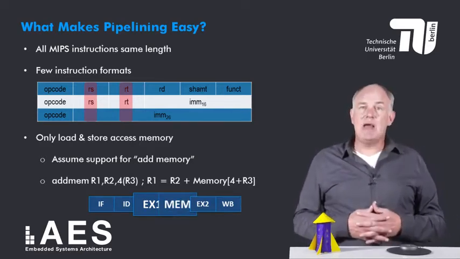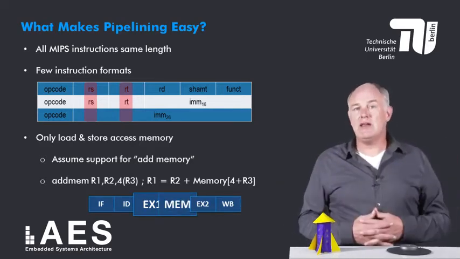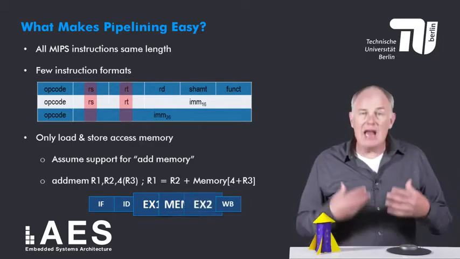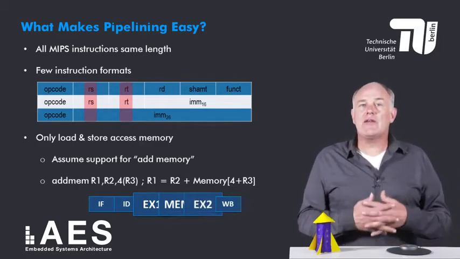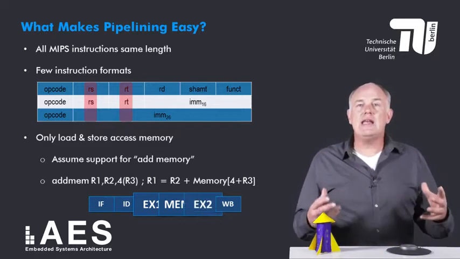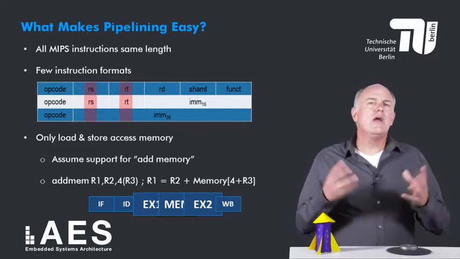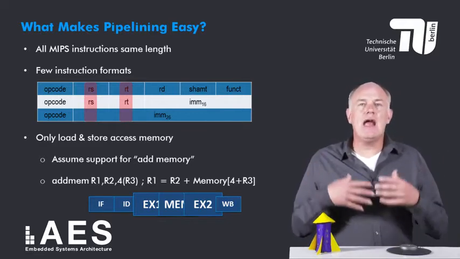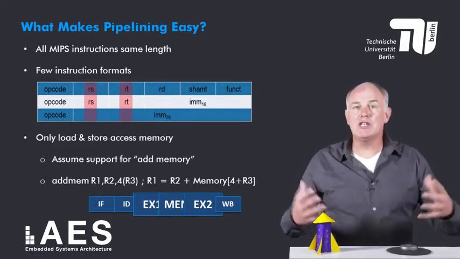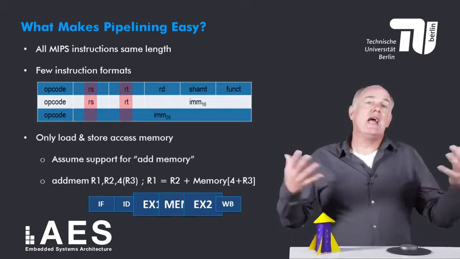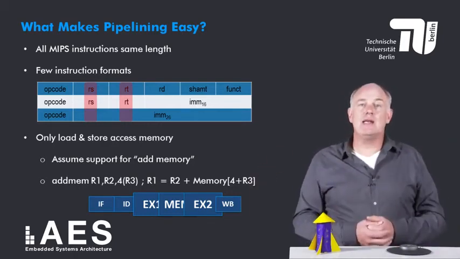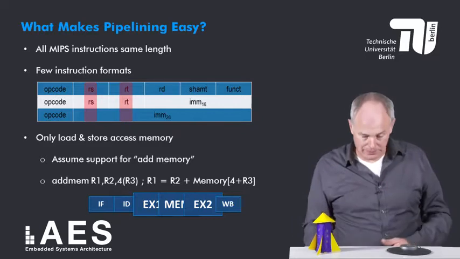Then we can access memory to load the data at that address. And then we need an additional execute stage to add the data loaded from memory to, in this case, R2. This makes the pipeline longer and the cost of emptying or flushing the pipeline, which, as we shall see, is sometimes required, higher.